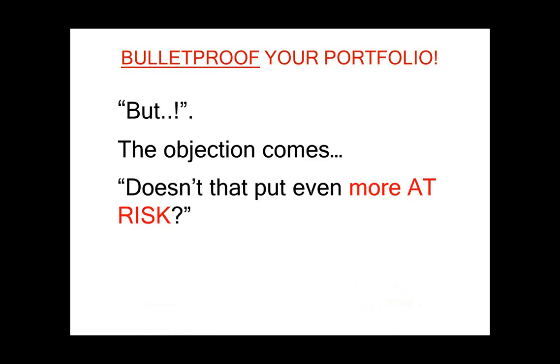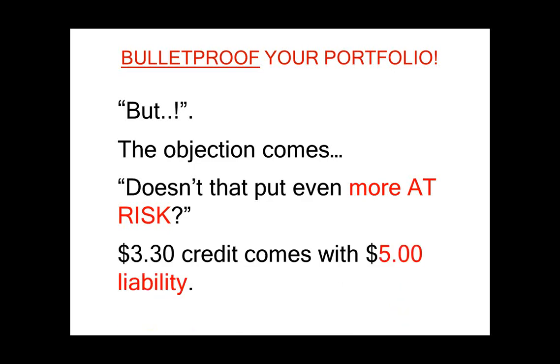What's interesting is that the married put risks money to the downside, and the bear call spread risks money to the upside. And when you put them together, you neutralize some of the risk on both sides. That's kind of interesting. You see, taking that $3.30 credit does put $5 at risk, but on the other hand, as the stock goes up, I own the stock.